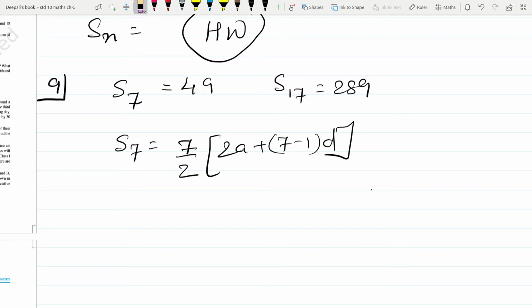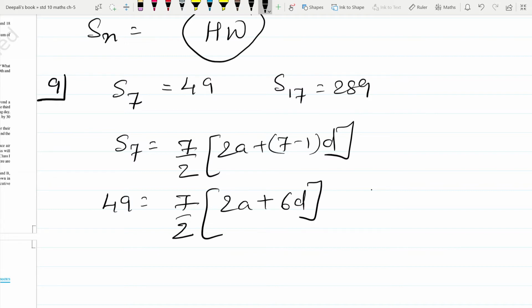I get 49 is equal to 7 upon 2 times (2a plus 6d).